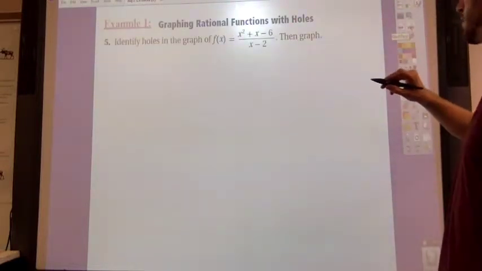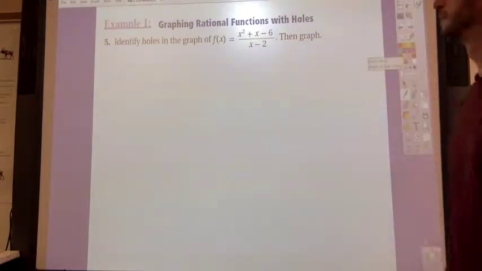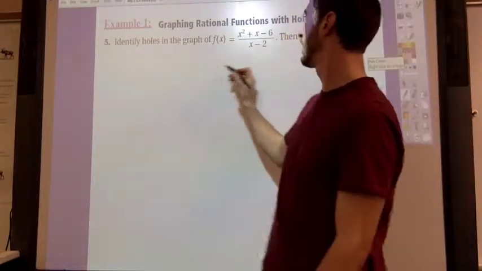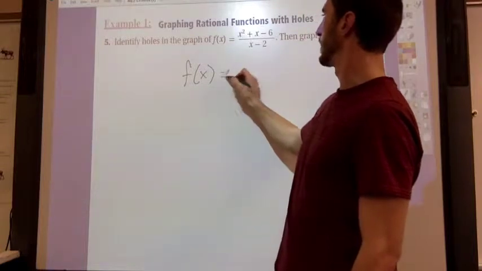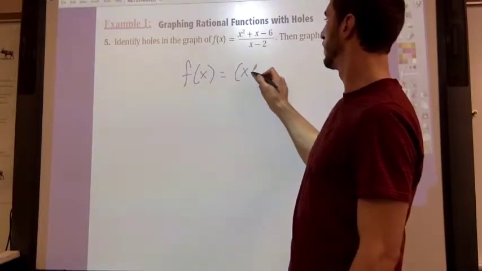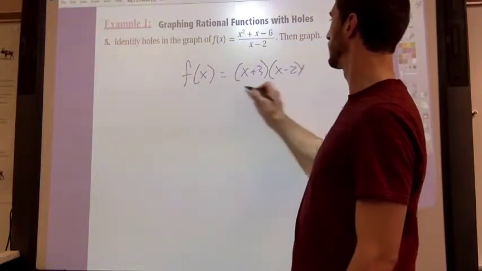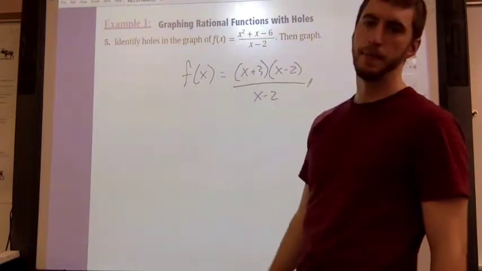Okay, a couple of examples here. It wants us to identify the holes in this graph, so we'll go ahead and simplify this by factoring. So we've got x plus 3 times x minus 2 on the top and x minus 2 on the bottom.